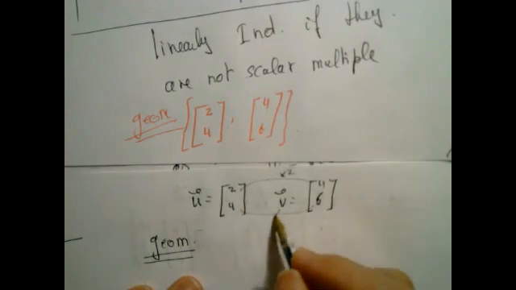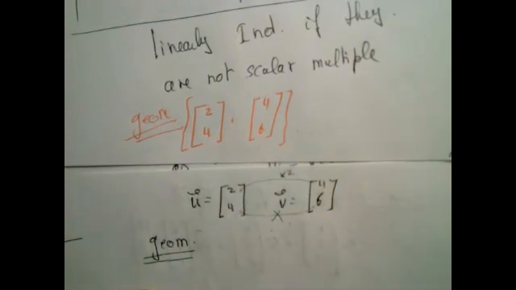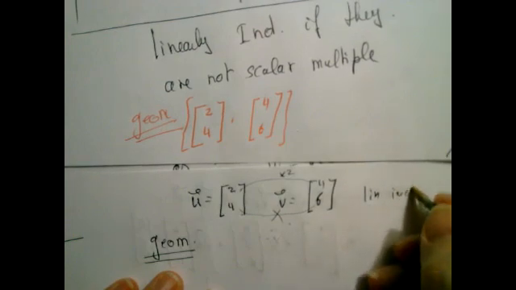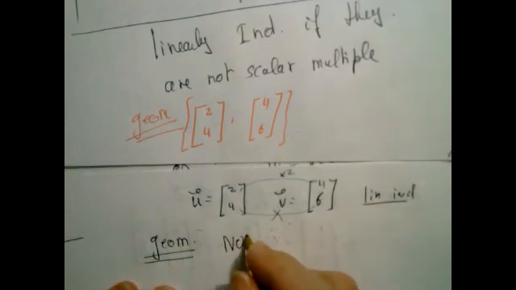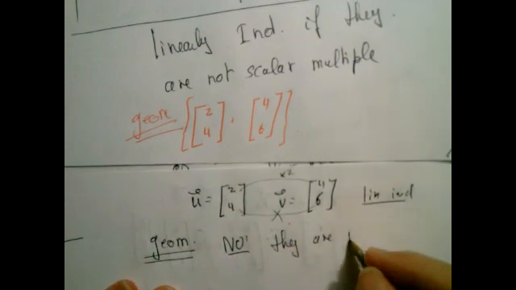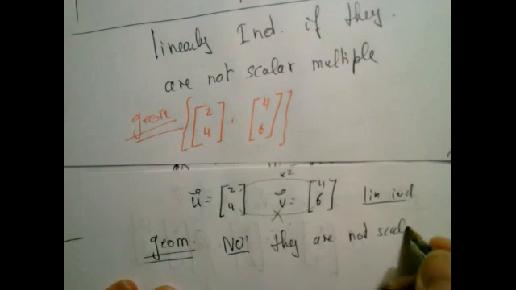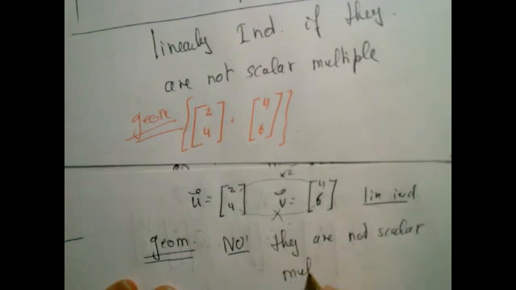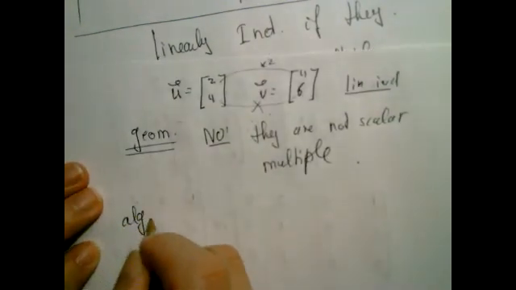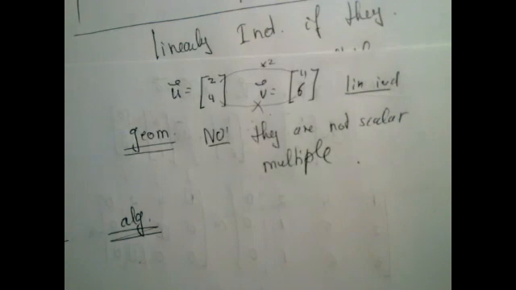But from here to here, definitely you're not multiplying by 2. So the question is linearly independent? The answer is no, because they are not scalar multiples of each other. There is no way.